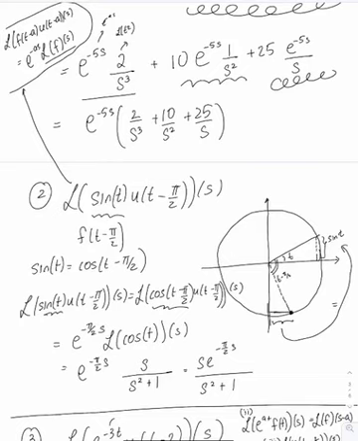So what do we need? We need a shifted function multiplied by u of t minus a. Okay, so here we just have sine t. How can we write down sine t as a function evaluated at a shift? So we need to find this f such that f of t minus pi over 2 is sine t.